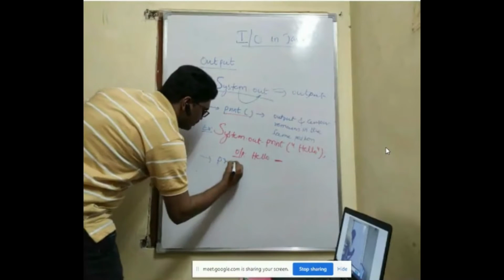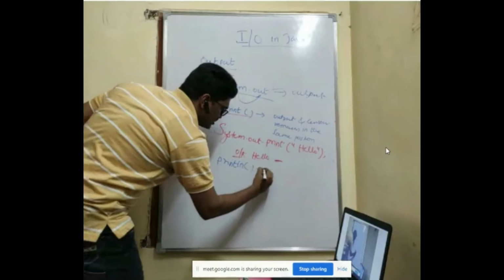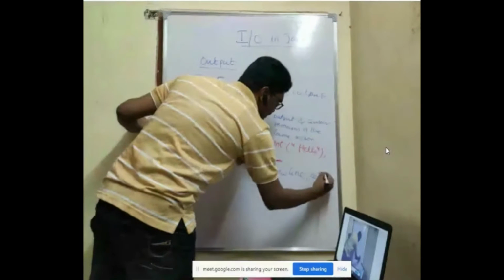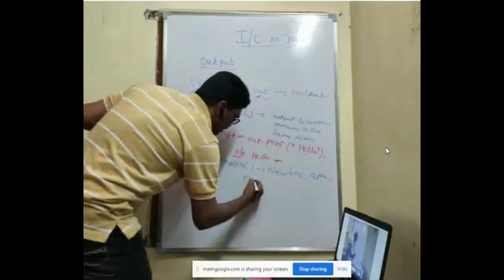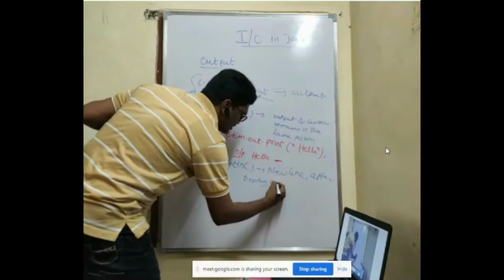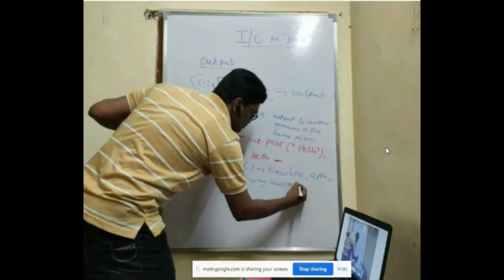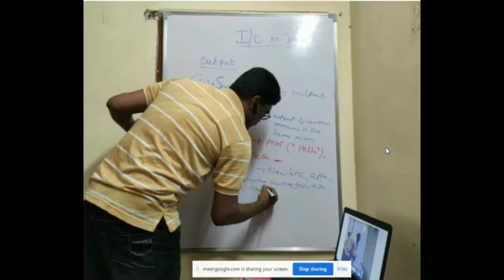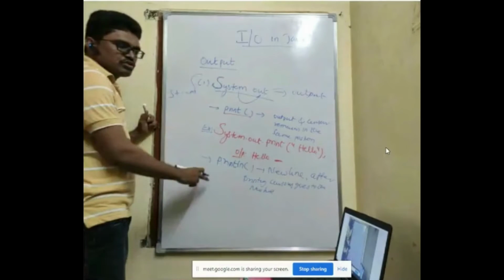The second method is println. ln stands for new line. After printing, not before printing, the cursor goes to the new line.